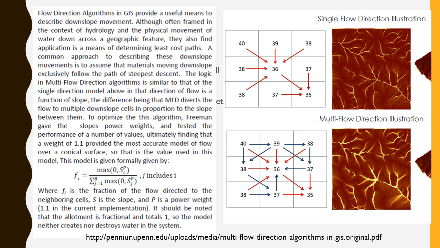And there's different ways of calculating it, but you can see how on the top you only have one direction, and in the bottom illustration things go in multiple directions. Ultimately, they all end up down there in the bottom right corner at a value of 35, but how it gets there is very different. And the net impact of that, if you look at the two images at the far right, is you get a much more blurred, a much more smooth hydrological output.